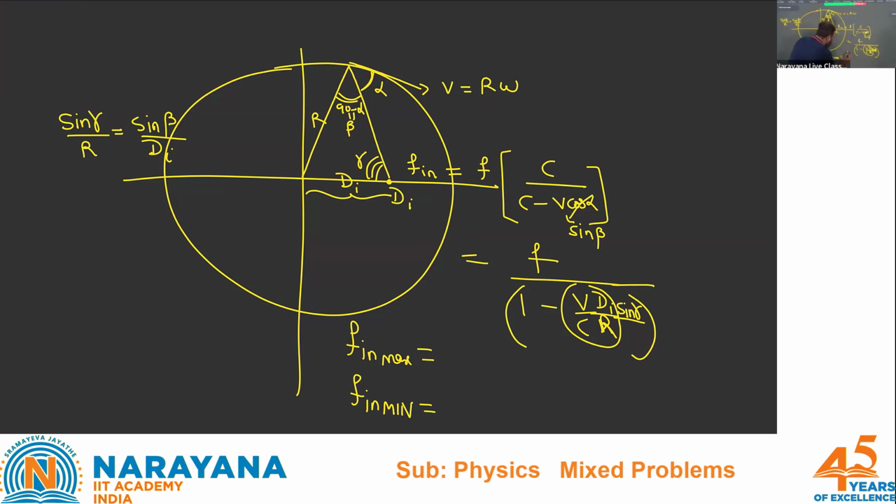So it becomes f upon 1 minus v by c times di upon r, because di was not known, no? That's why we were not able to directly tell where it is. But depending upon di, now I am in a position. And min comes out as f upon 1 plus v di by c into r. Check this carefully, both max and min.